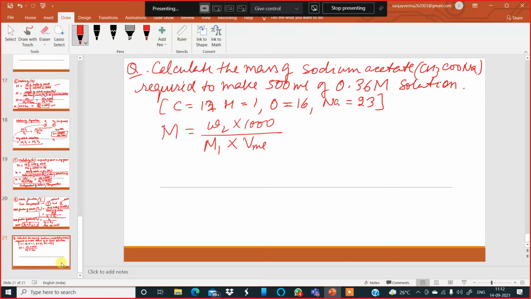So apply this formula, put the values directly, and get the answer directly. Molarity of the solute is M2. So M is equal to W2 into 1000 divided by M2 into V, capital V, in milliliter. Try to recall the formula, okay? It is very, very important.